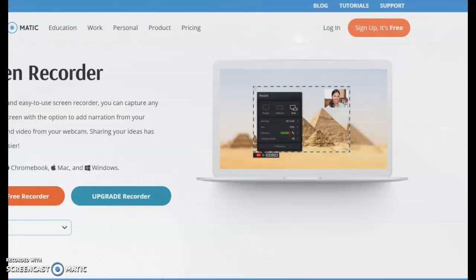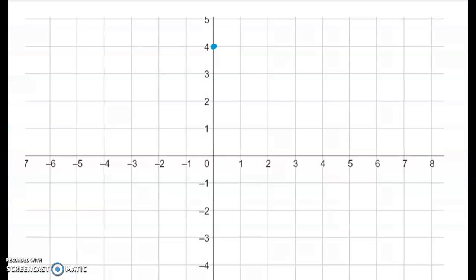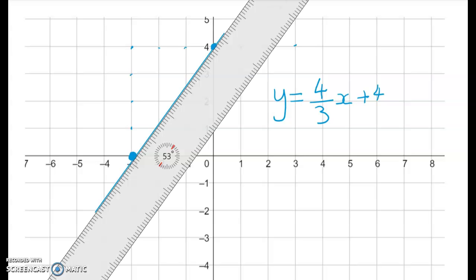Here we go. So we're going to go out 3, and you can see that I can't go up 4 there. But I can do it going the other way around, right? So we're going to go back 3, and I'm going to go down 4. And you can see that I'll get back to that point that I had when I found it the other way. Right, so we start with my y-intercept, and then use the gradient to get the next point.